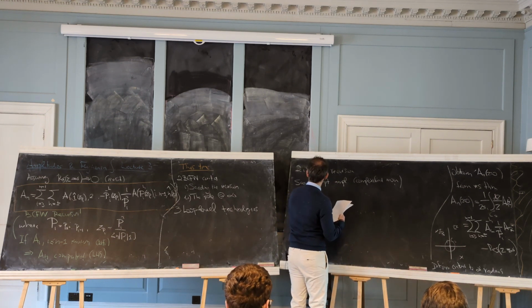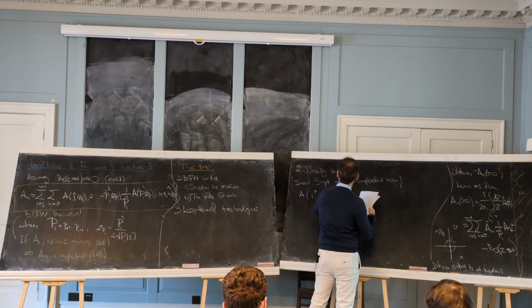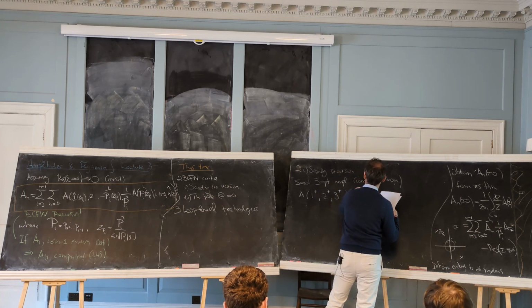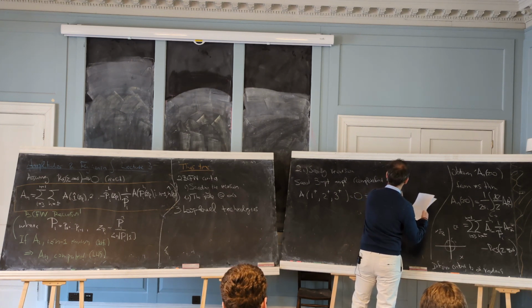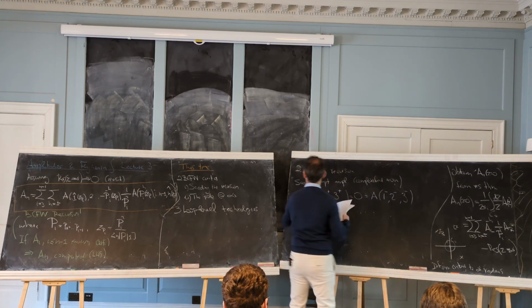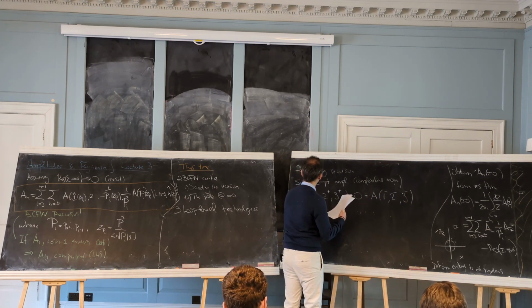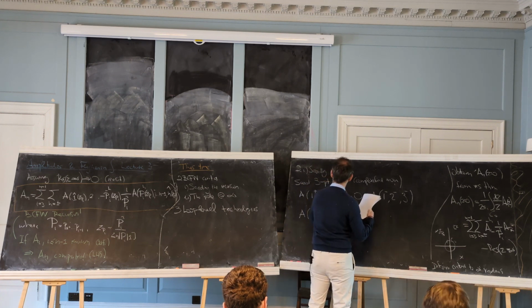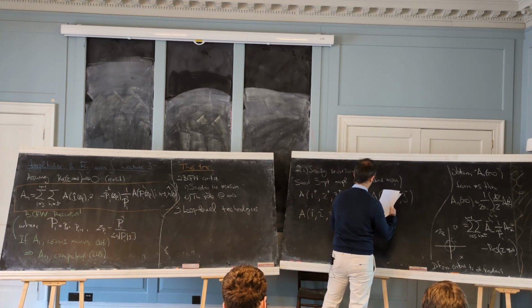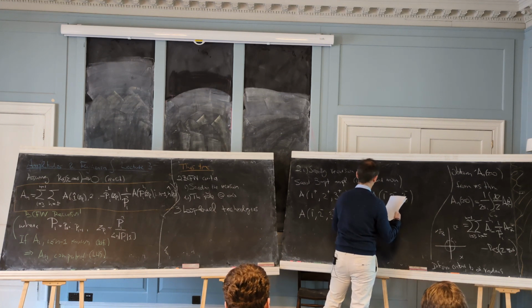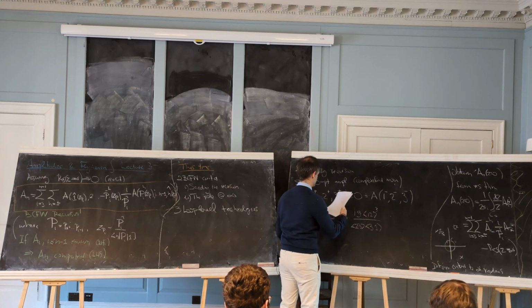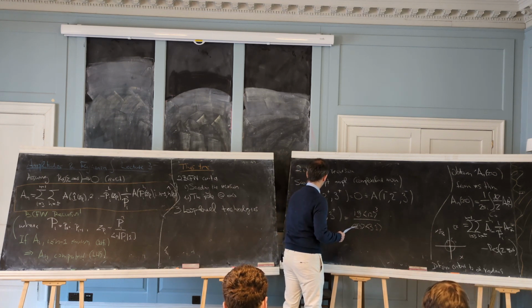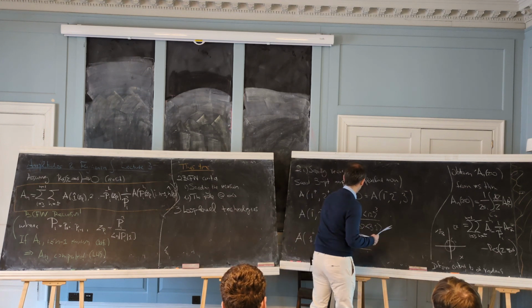We will have in particular that some of the amplitudes are 0 no matter what, whereas some others, at least if you are thinking about complexified momenta, are not. And then we have 1 plus, 2 plus, 3 minus, which is very similar.